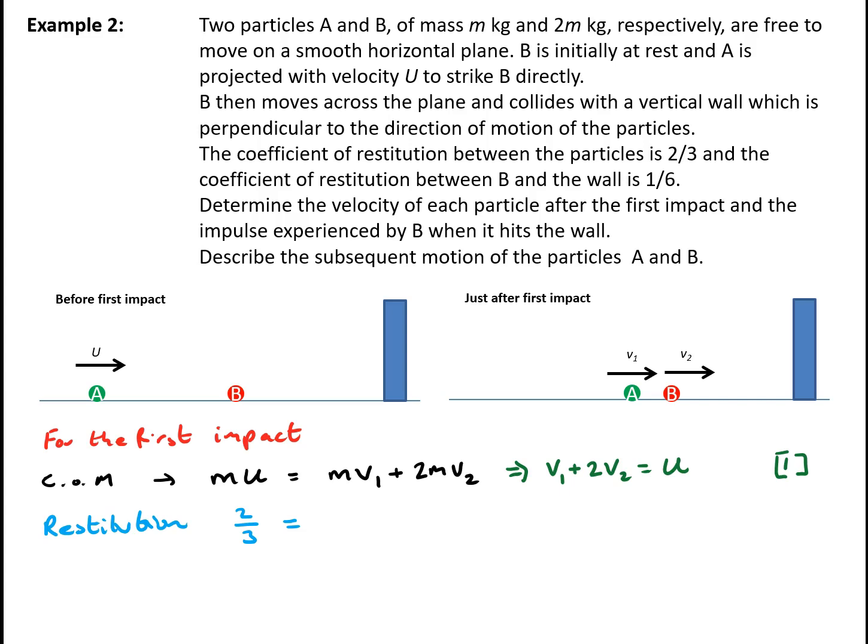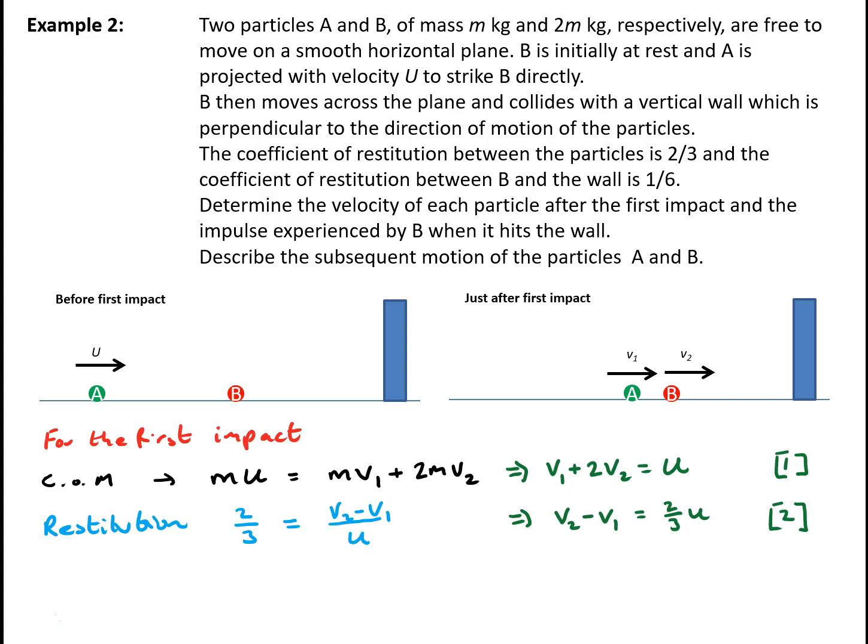The speed of approach is u meters per second, the speed of separation is v2 minus v1. So we've got v2 minus v1 divided by u is equal to 2/3. So we've got v2 minus v1 must equal 2/3 u.